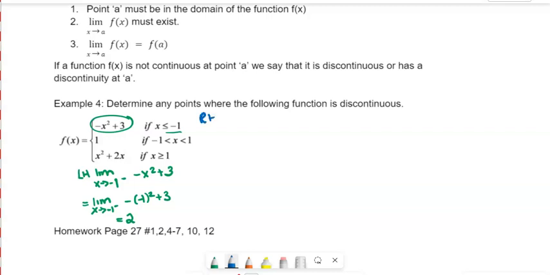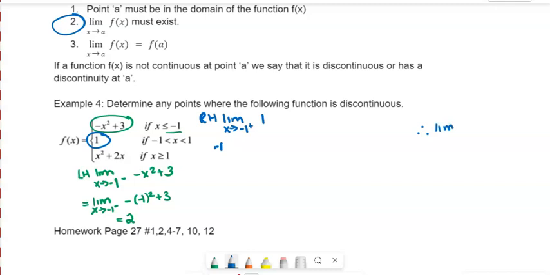And now we'll find the right-hand limit as x is approaching -1, but we're going to go from the right. So this is this function. And well, that has a given value of 1, so I don't even need to do anything. That equals 1. And so already I know that this limit does not exist.